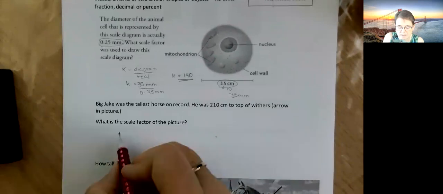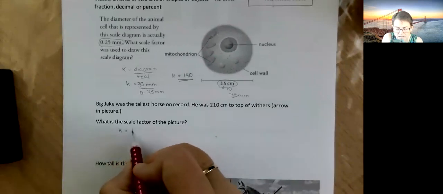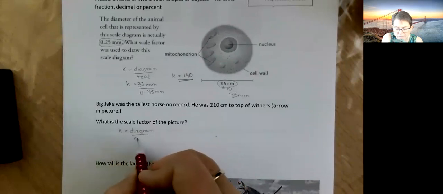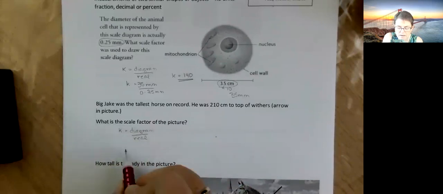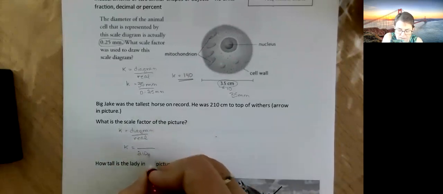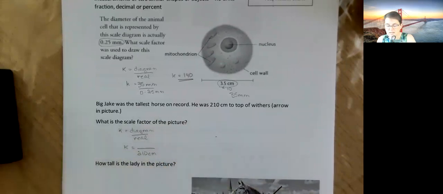Well, k is equal to diagram over real. We know the real is 210 centimeters. We need to measure the actual picture.